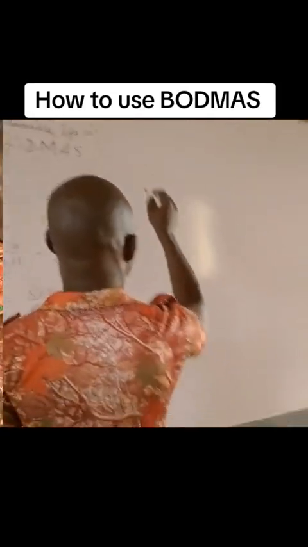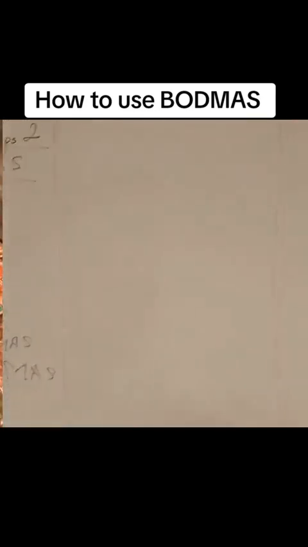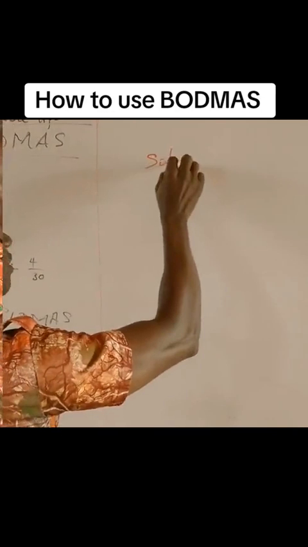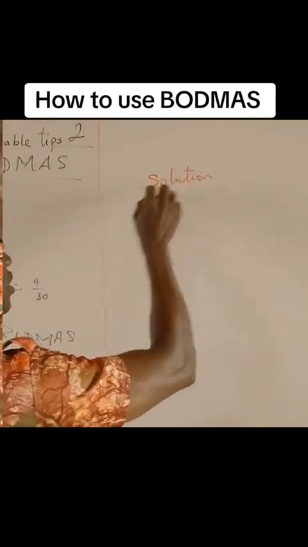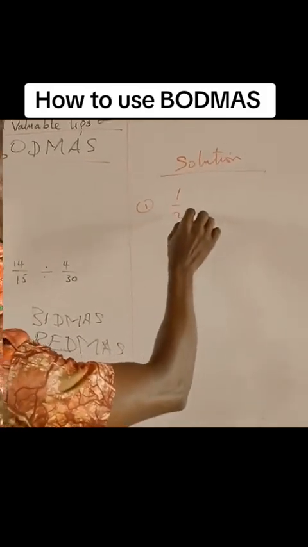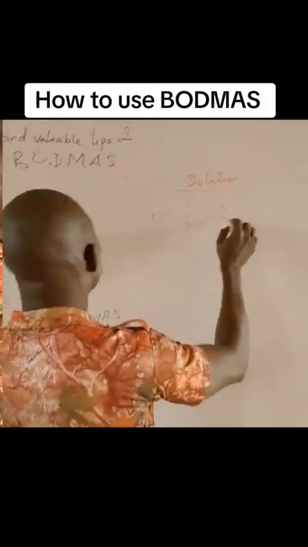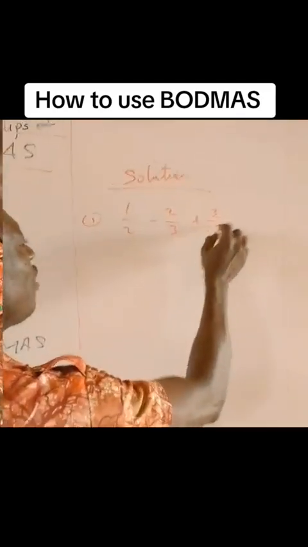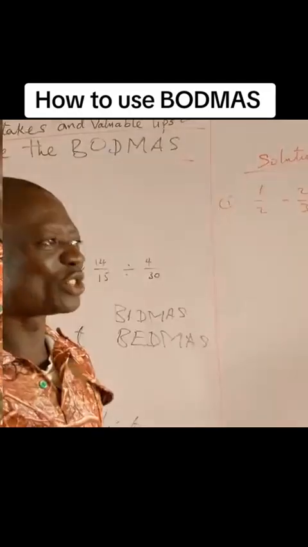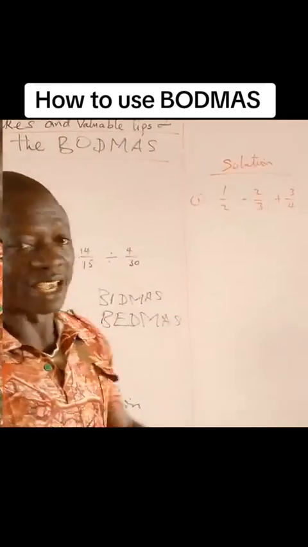Solution to that question. In number one, we solve 1/2 plus 1/2 minus 2/3 plus 3/4. Assume we solve it the way people solve it and make mistakes.